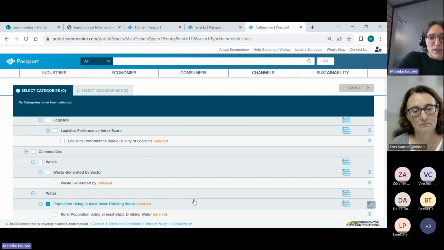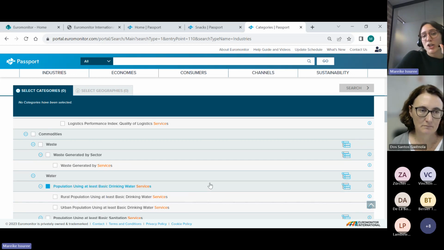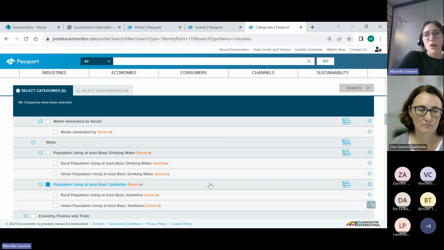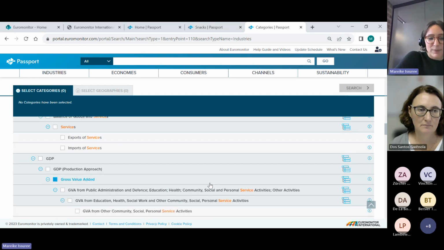So I always recommend the search tree and typing in one term, maybe limited to a short version of what you're looking for, because otherwise it might miss certain indicators that we have available. It's also good to put a synonym in, because it might be called differently in Passport than how you would call it. I hope that makes sense.